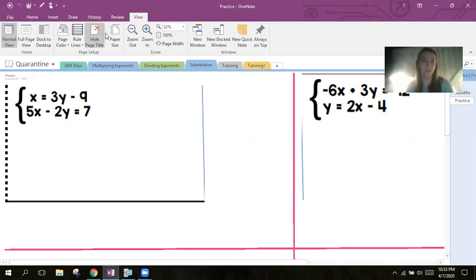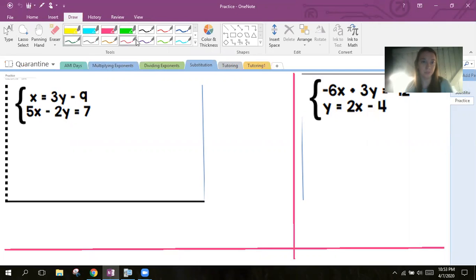All right, so number 1, here we go. Based on my notes, I noticed that this one has one equation that is set equal to a variable. I can see right here that this equation is set equal to x.